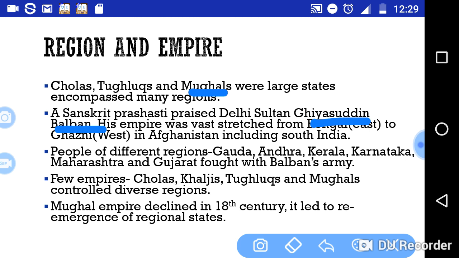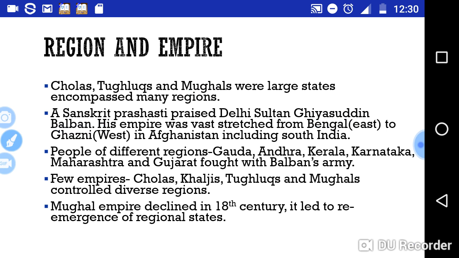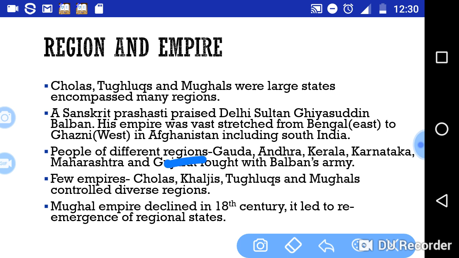He was ruling an empire which was very vast, stretching from Bengal in the east to Ghazni, which is in Afghanistan, in the west, and including South India, and many different regions like Gauda, Andhra, Kerala, Karnataka, Maharashtra, Gujarat.